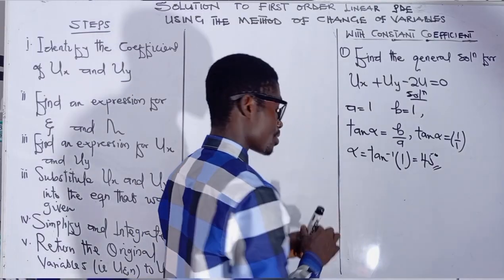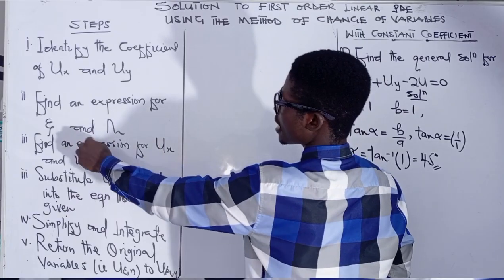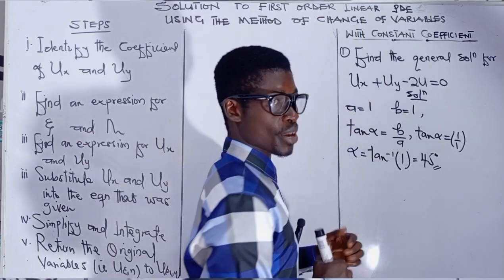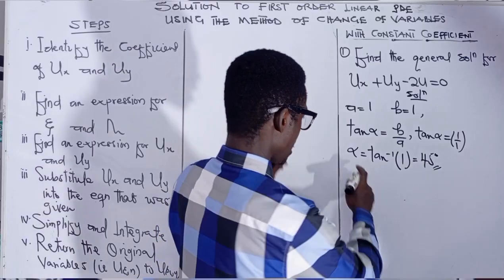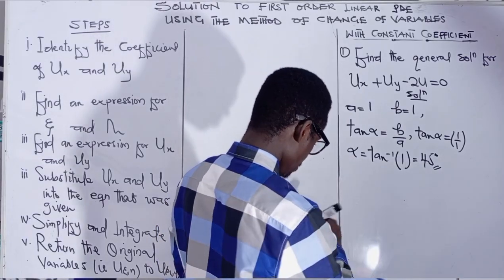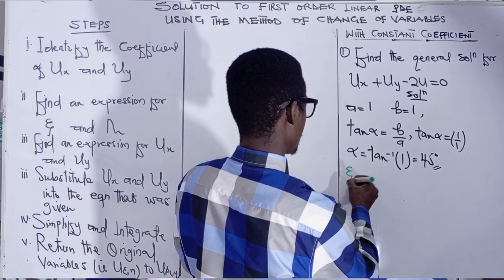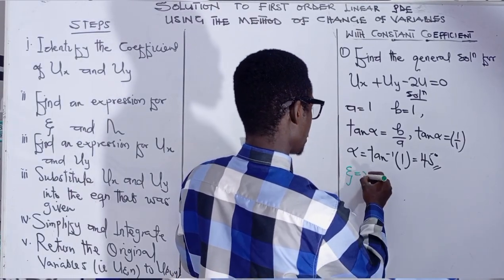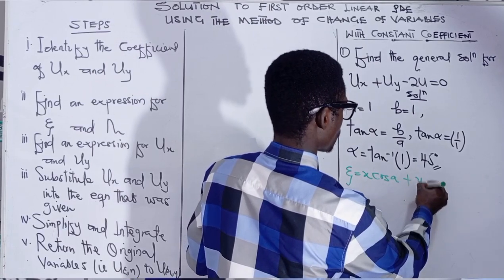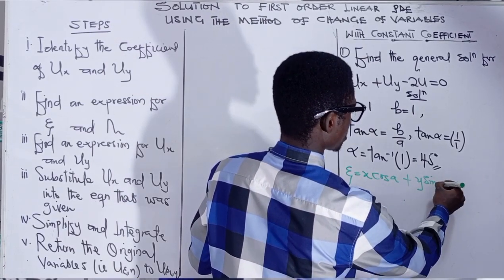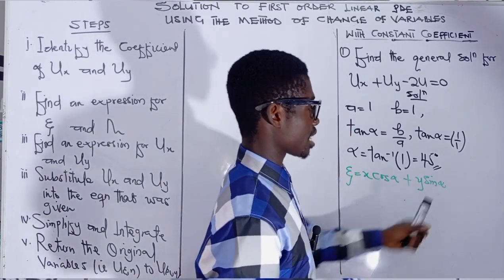Now once you know this, what do you do again? The second step says that find an expression for xi and then eta. And we know the equation for xi and the equation for eta. So we know that xi is given as x cos alpha plus y sin alpha. So it means that we have to find cos alpha and then sin alpha.